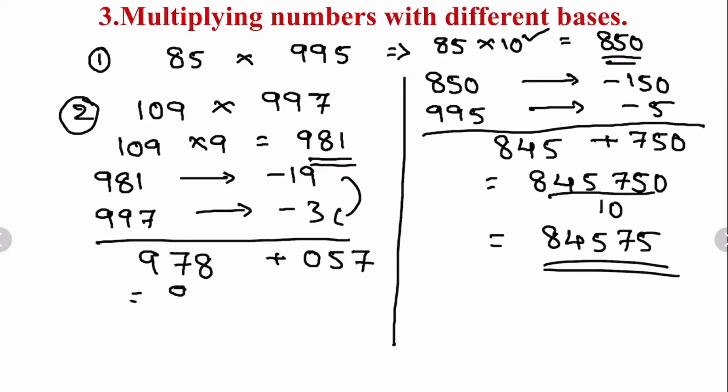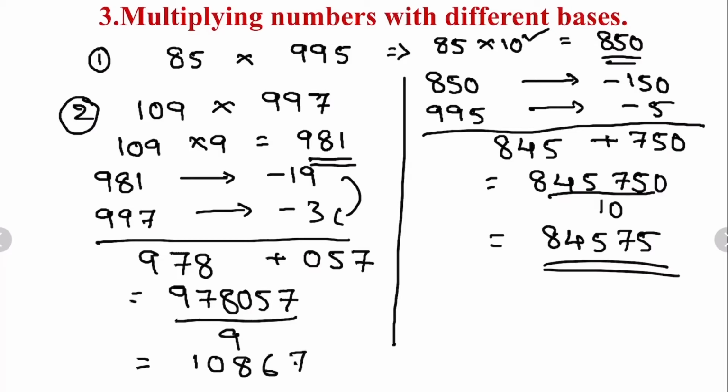So 978057 divided by 9, because here we have multiplied with 9, then divide with 9. 9 ones are 9, 0, 8, 54. So this is the answer.